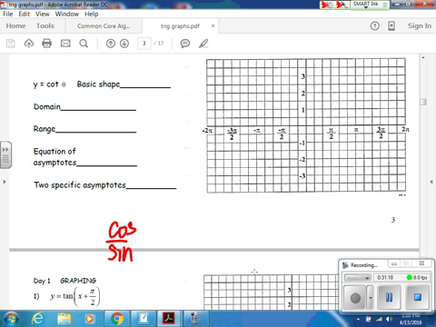If I have an asymptote, sine is 0, okay? Sine is 0 at 0. Sine is 0 at, where else? Sine is 0 at pi.